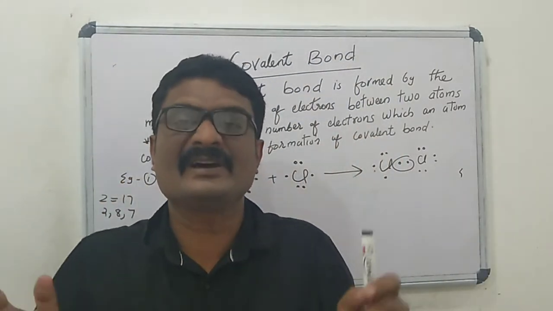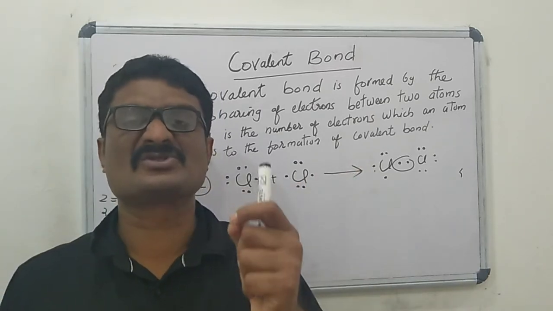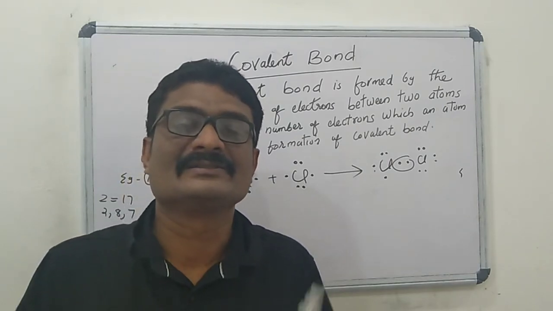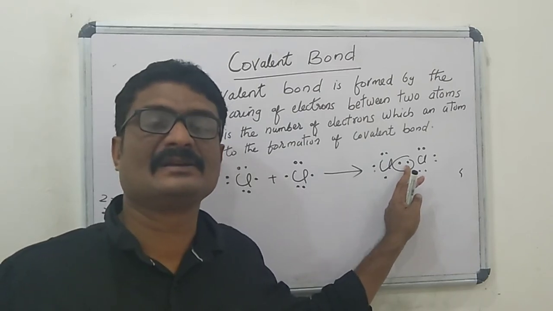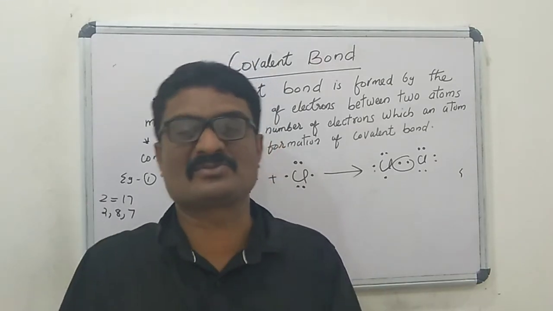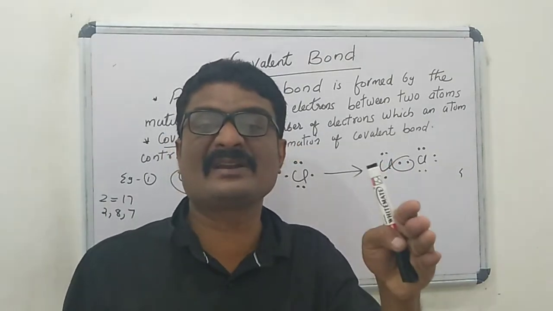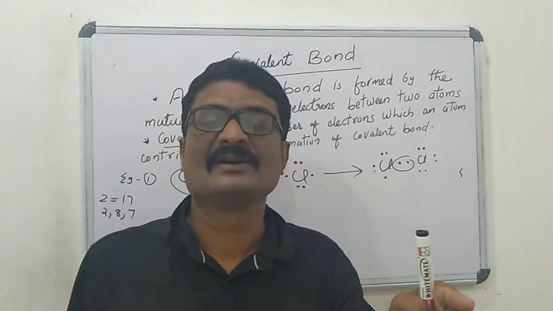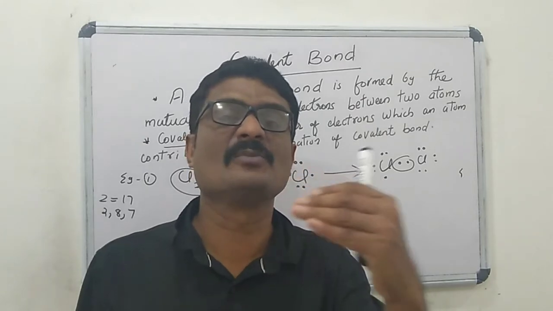Each chlorine atom contributes the same number of electrons to form a common pair, which is shared by both atoms. Then each atom acquires the octet configuration, the stable electronic configuration of the nearest noble gas.